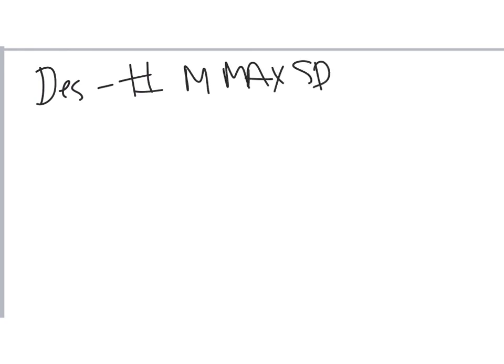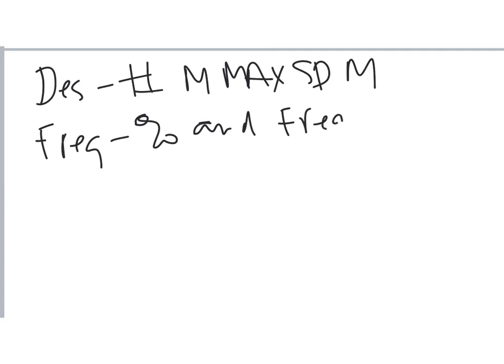So to recap, descriptives. All about numbers, minimum, maximum, standard deviation, and mean. Frequencies are going to give you a percentage and a frequency number. How many times it happened. Okay?